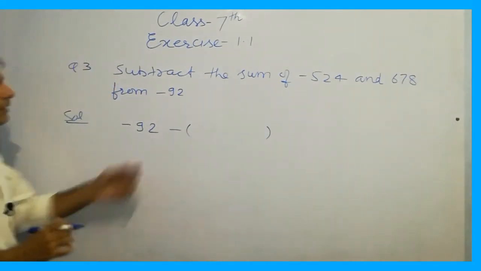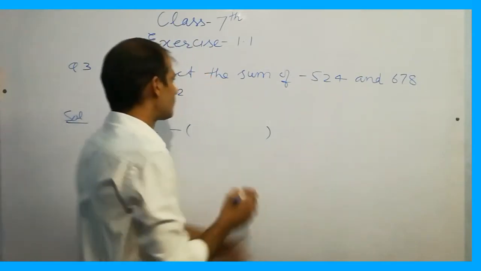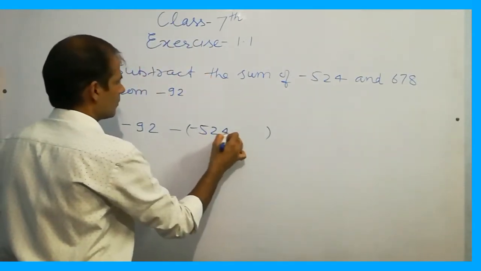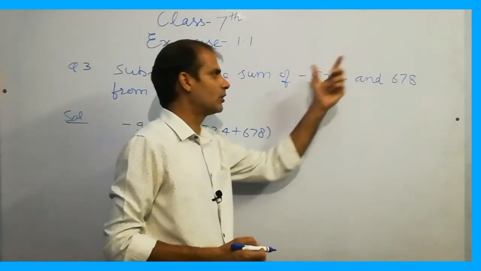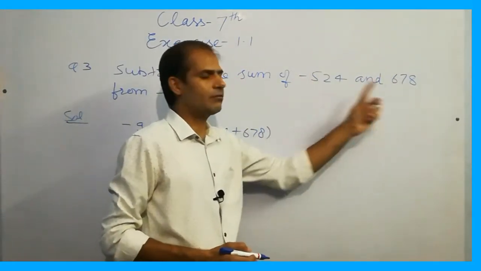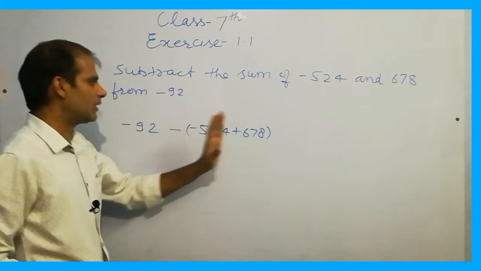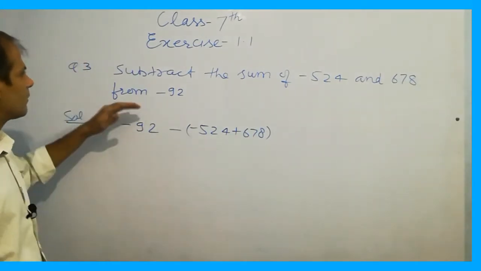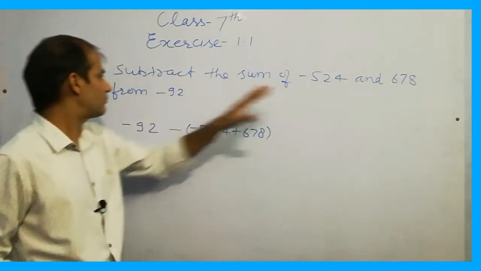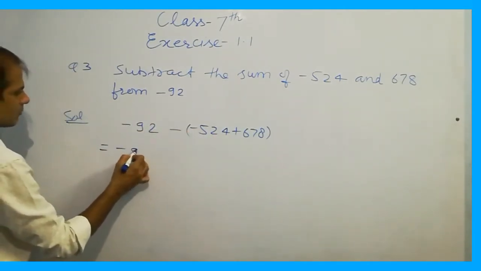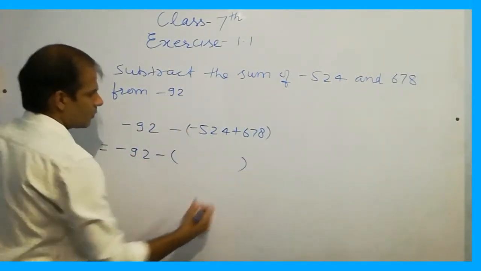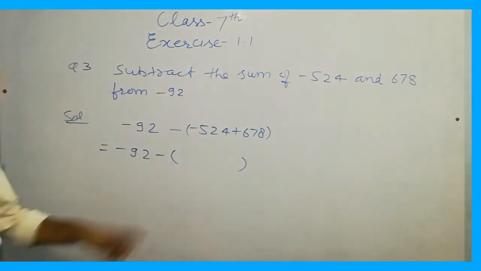And the sum of minus 5 to 4 and 6 7 8: it is negative, it is positive, it is negative, it is positive, and we are subtracting this thing from this. So we write it in this way. Now minus 2: what will we do in this case?